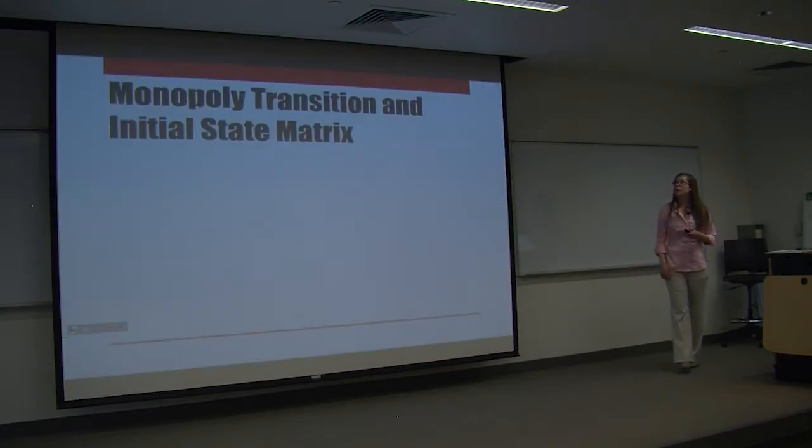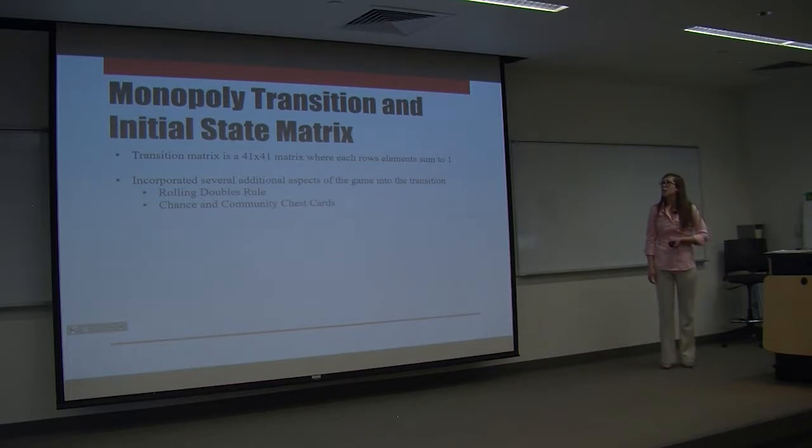So I began developing my transition matrix first, and my transition matrix ended up becoming a 41 by 41 matrix due to what I explained on the previous page. And every single row sums to 1. What made this particularly difficult is I had to incorporate several different aspects of this game into the transition matrix, such as the rolling doubles rule.